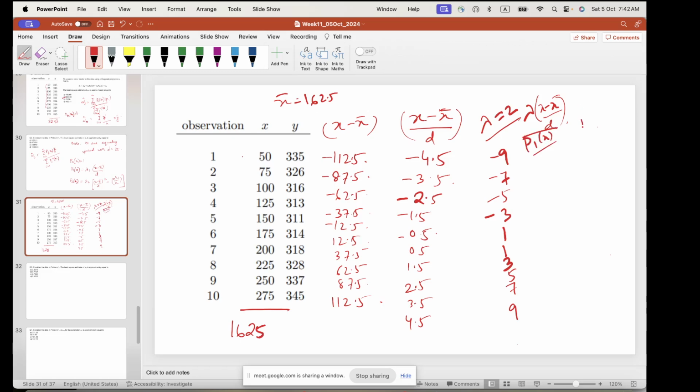Alright, so let us find out p1 into y and then p1 square. So this will be 81, 49, 25, 9, 1, 1, 9, 25, 49 and 81.